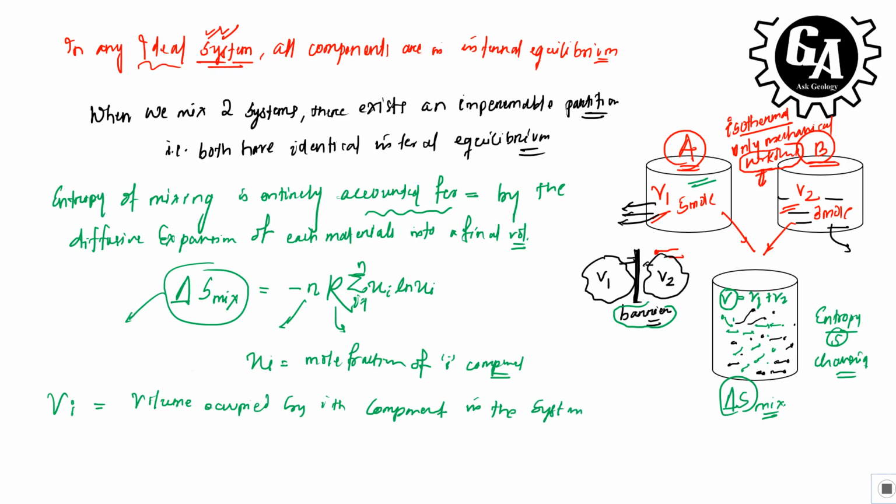So can we write down that Vi is equal to Xi times capital V? How much it is contributing to the total volume, that is the volume of the ith component, and Xi is the mole fraction of the ith component. After the partition is removed, Ni will be n Xi, sorry, this is small n, the total moles, and Xi is the mole fraction. Don't confuse.